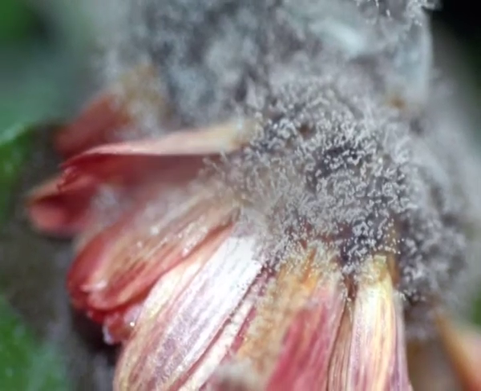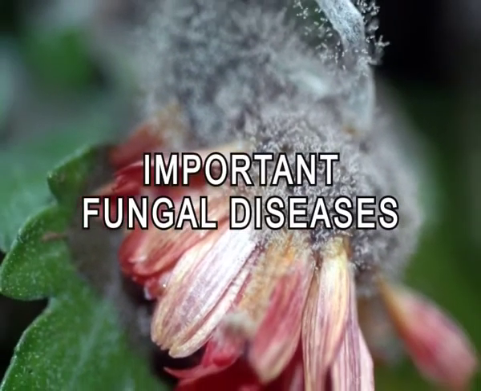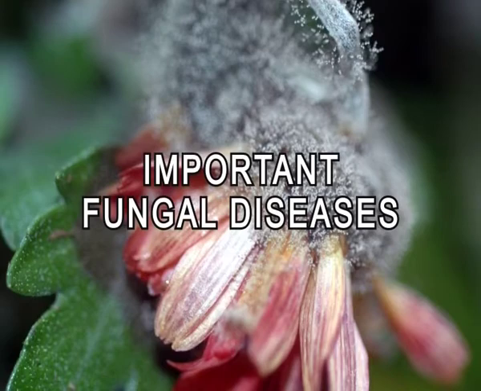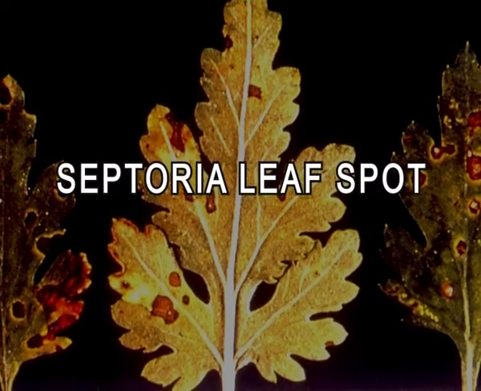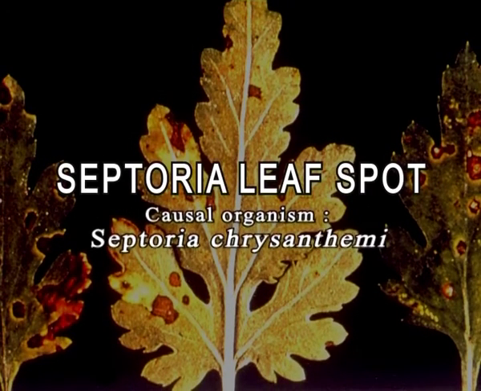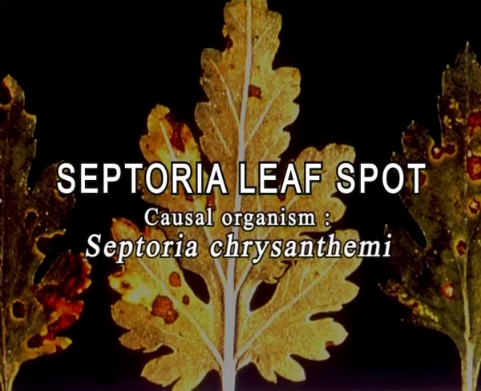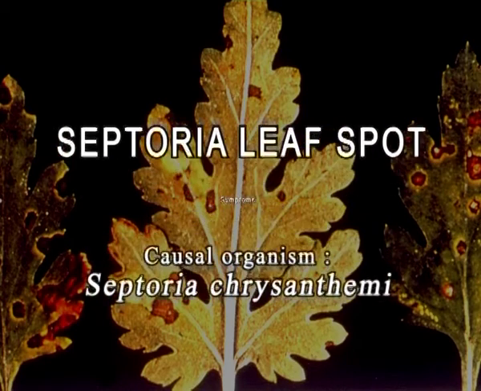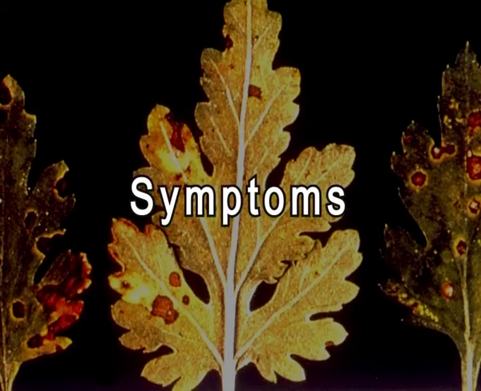A number of pathogens attack the flower and cause many diseases. Some of the important fungal diseases. First fungal disease is the Septoria leaf spot. Causal organism: Septoria chrysanthemi. Now let's see the symptoms of the disease.